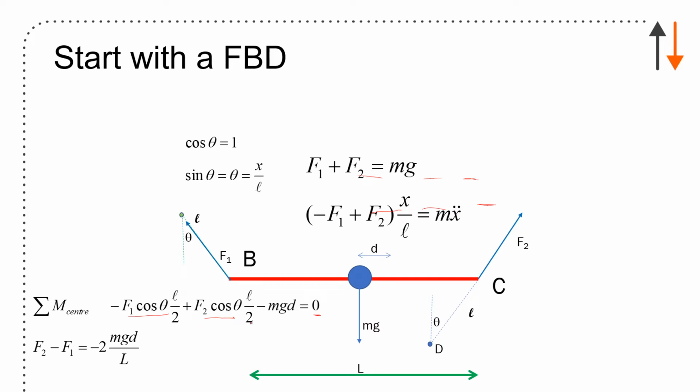And just a reminder, this is still a particle, and if it's a particle, its size is 0. So it doesn't have any real moment. So force 1 is mg over 2 times (1 plus 2d over L) and force 2 is mg over 2 times (1 minus 2d over L).